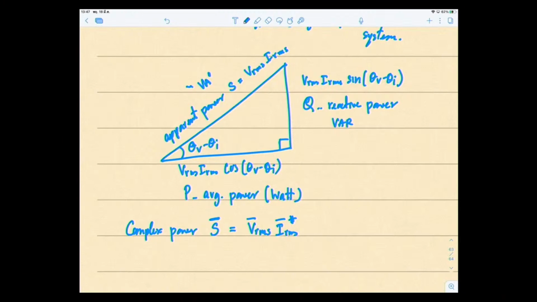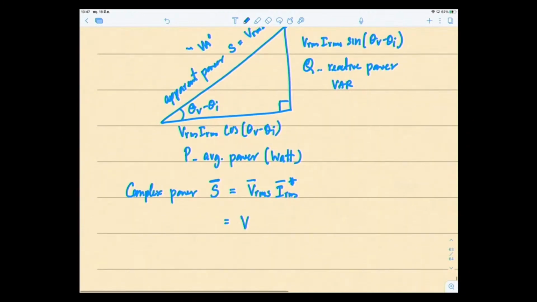When it's in phasor form, it has a magnitude and a phase angle. When I write the RMS value as an amplitude or magnitude of the phasor, I don't put any bar on top of it, just a simple VRMS.